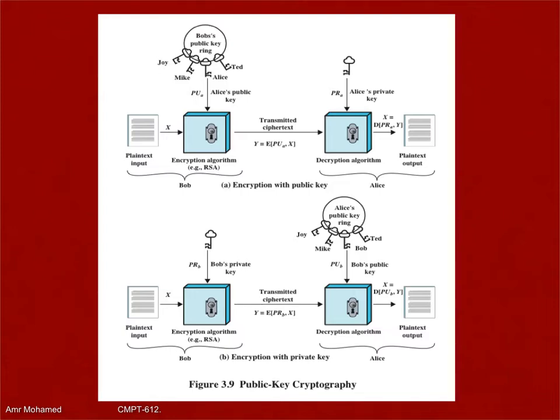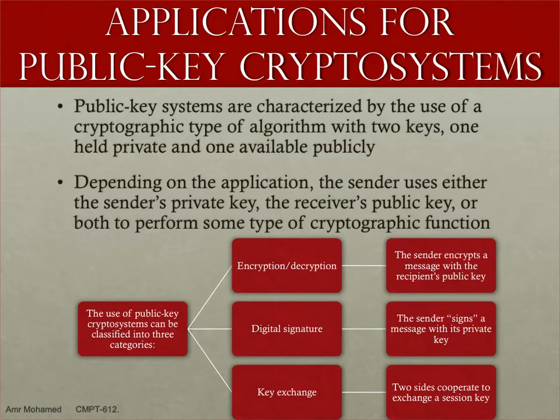Bob would use Alice's public key to decrypt the hash, and then we perform the normal hashing on the message itself, and then we compare. We'll see that scenario in more detail in a minute.